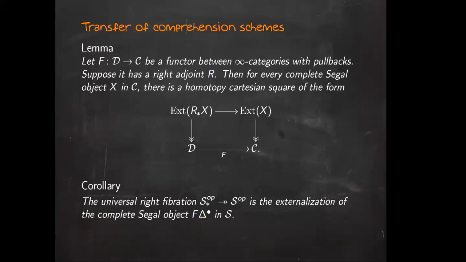So as a corollary, for the last example, we see that the universal right fibration is the externalization of the complete Segal object, considering the freely invertible chain in spaces. Now, that thing is contractible in spaces, and so it is contractible to the terminal object, in fact. And so we retrieve, in this conceptual way, the statement that the universal right fibration is representable by the terminal object, because that complete Segal groupoid is contractible.